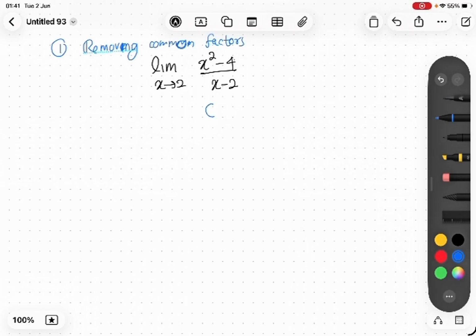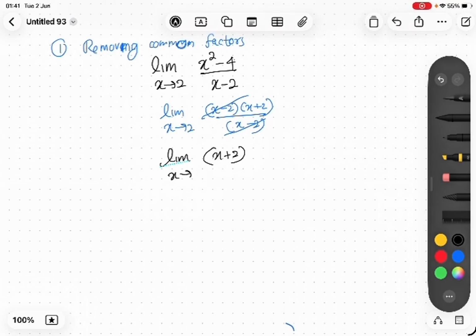We can factorize. x squared minus 4 we can write as (x minus 2)(x plus 2) over (x minus 2), limit when x tends to 2. You can say this x minus 2 gets cancelled. Now your question looks like this: the limit of x plus 2 when x tends to 2. When it is a polynomial function, we can just directly substitute. When x gets closer to 2, x plus 2 gets closer to 2 plus 2, which is 4. Therefore, the answer is 4.